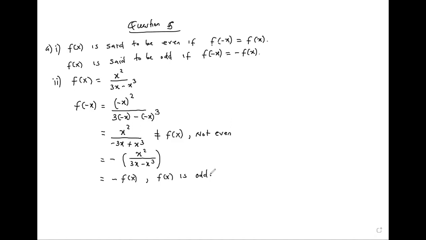One thing you must take note of is that if I have 2 over negative 3, this is the same as negative 2 over 3. So it should not be a problem.